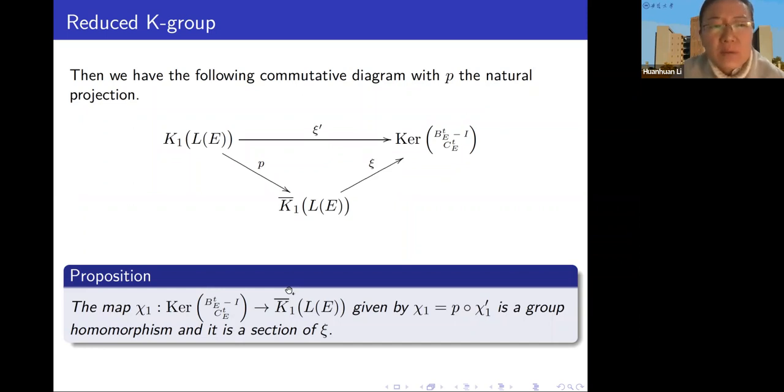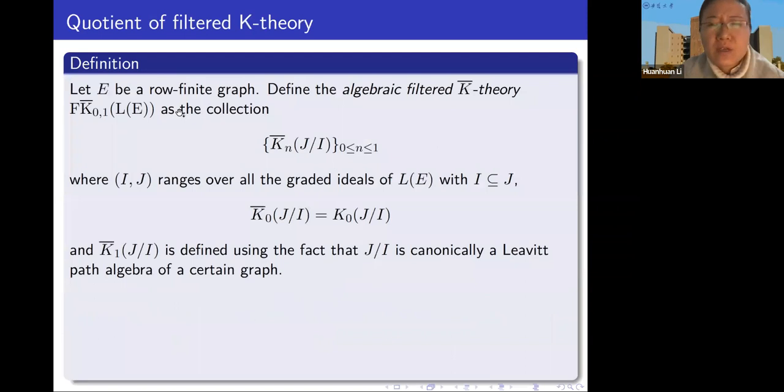Then we define the filtered K bar theory for Leavitt path algebras as the collection of all these reduced groups for J over I, where I and J are graded ideals of the Leavitt path algebra such that I is contained in J, and K0 bar is just K0. So actually we can see K1 bar is defined for Leavitt path algebras.